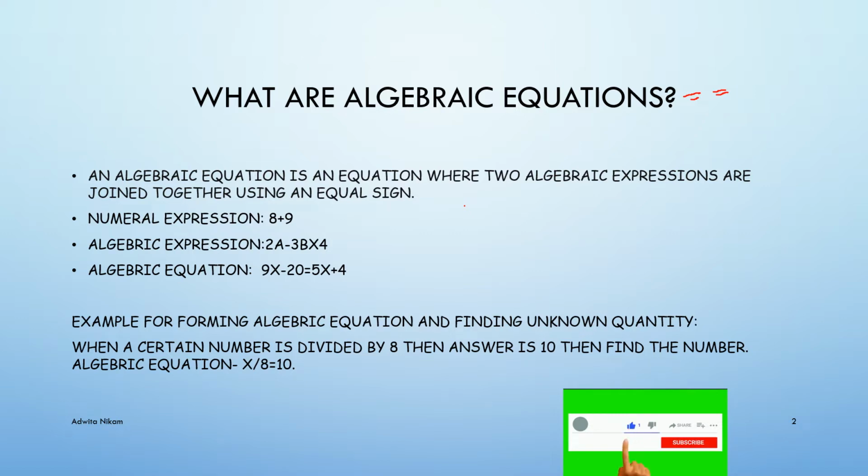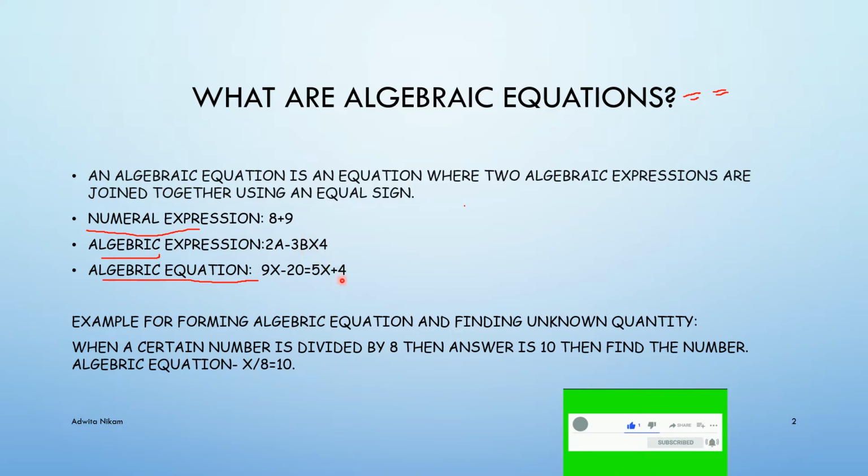So I have told you about a numeral expression, an algebraic expression and an algebraic equation. A numeral expression means we do it in a simple way, like 8 plus 9. An algebraic expression means 2a minus 3b into 4. And an algebraic equation means 9x minus 20 is equal to 5x plus 4.